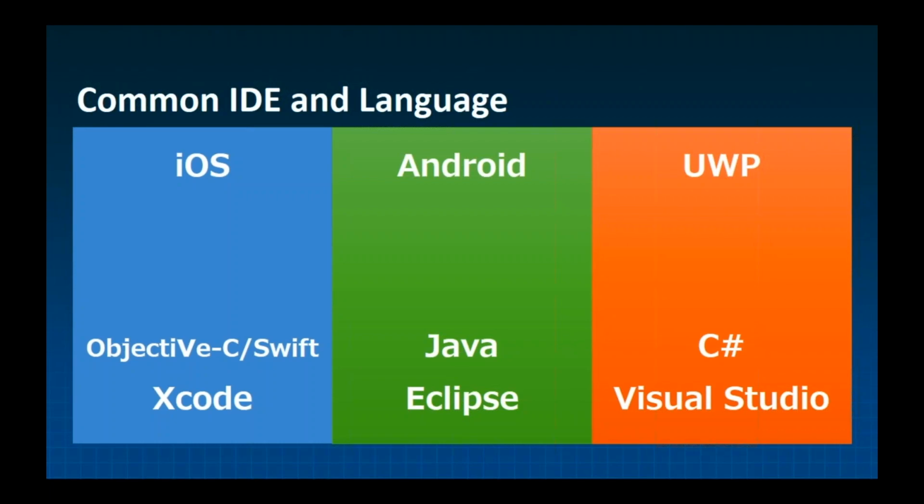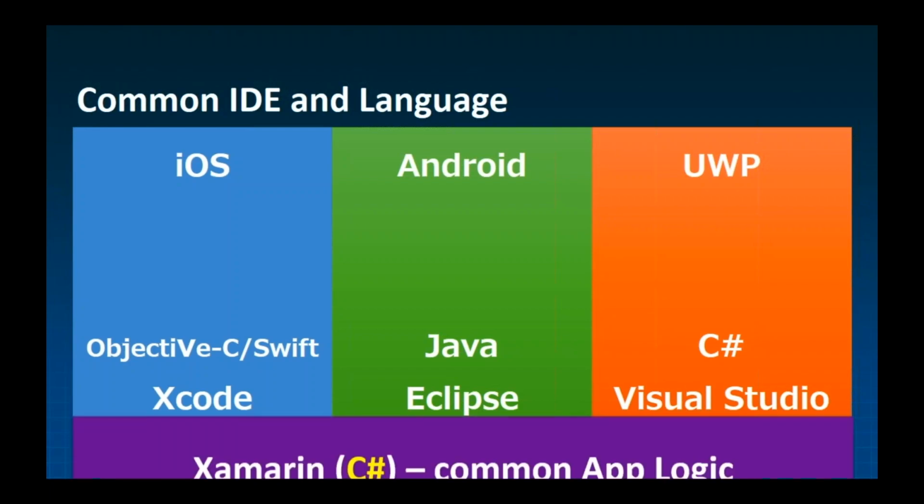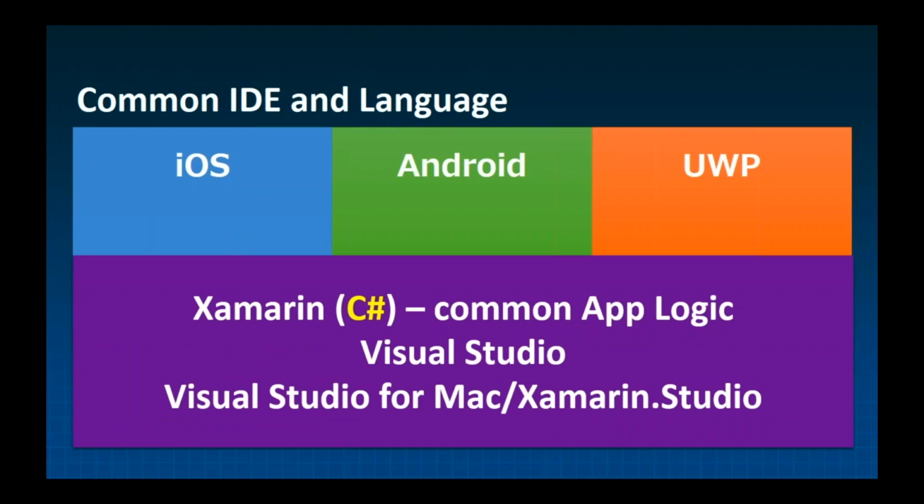For Android, you need to use Java, with Eclipse or Android Studio right now. For UWP or Windows applications, of course you need to use Visual Studio, as well as C# or VB. What Xamarin helps with is that you can centralize your knowledge in one place.